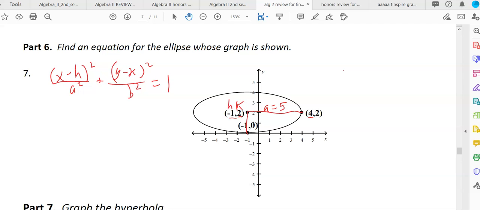The b value goes from 2 to 0, so that's 2, so that's b. So now I can plug in everything. So (x plus 1) squared over a squared, which is 25, plus (y minus 2) squared over 2 squared, which is 4, equals 1.